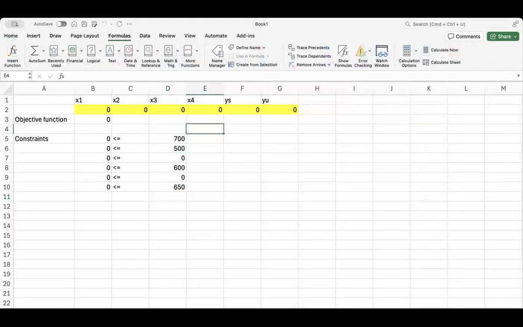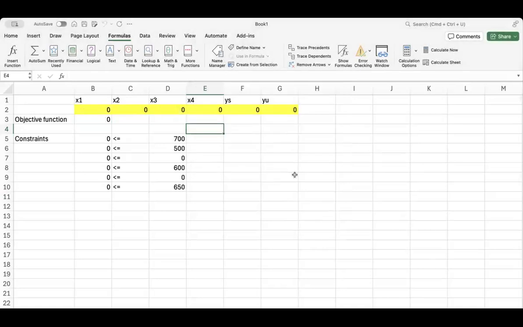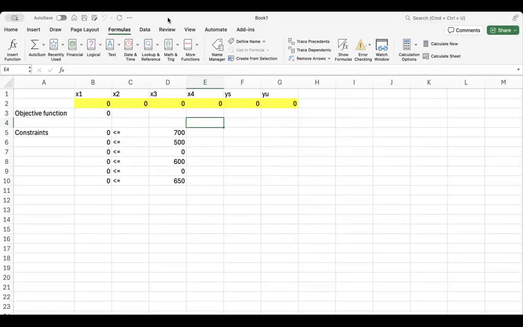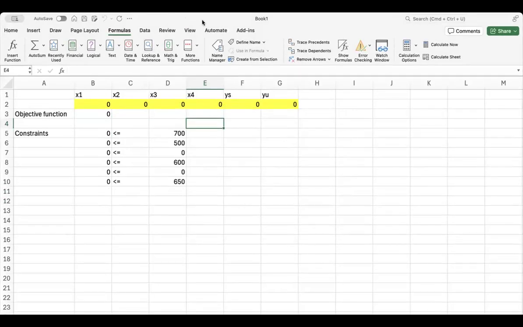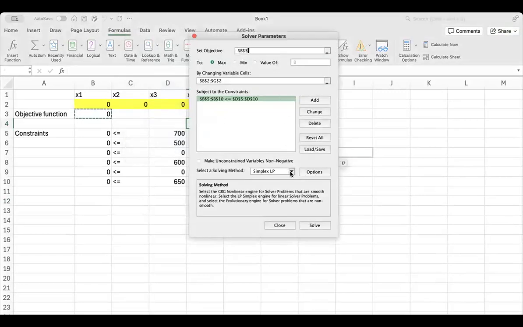Oh, there's some problem in my system. Cannot use Simplex LP.